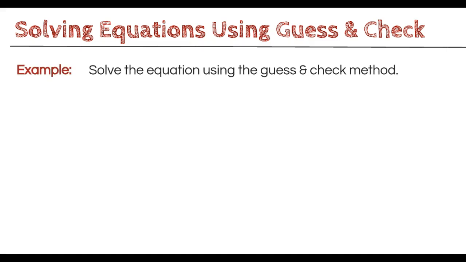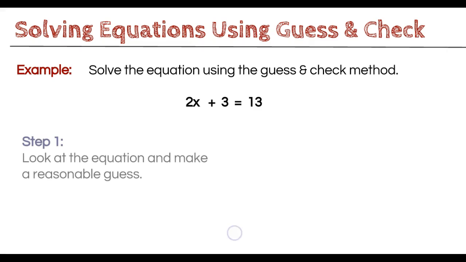So let's say, for example, you are faced with a problem like the one that we're seeing here, 2x plus 3 equals 13. If we're going to solve this using the guess and check method, then the first thing we need to do is look at the equation and make a reasonable guess.